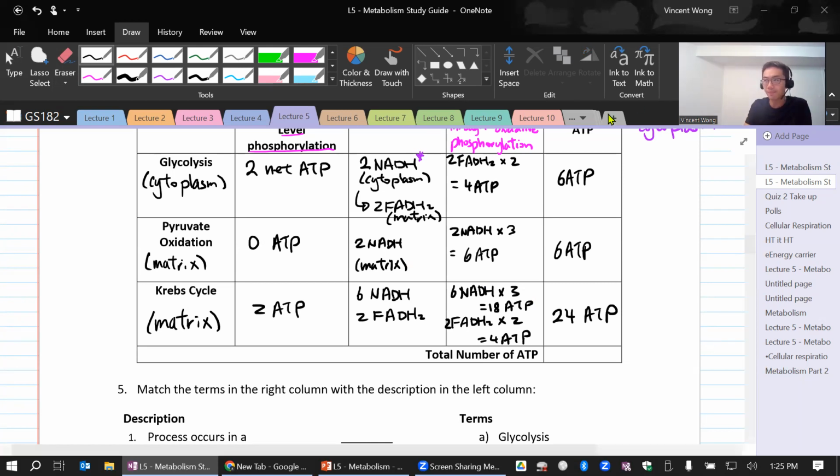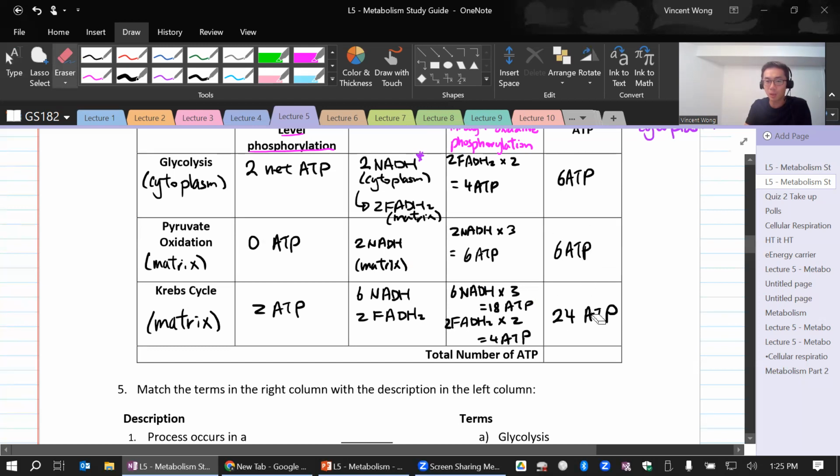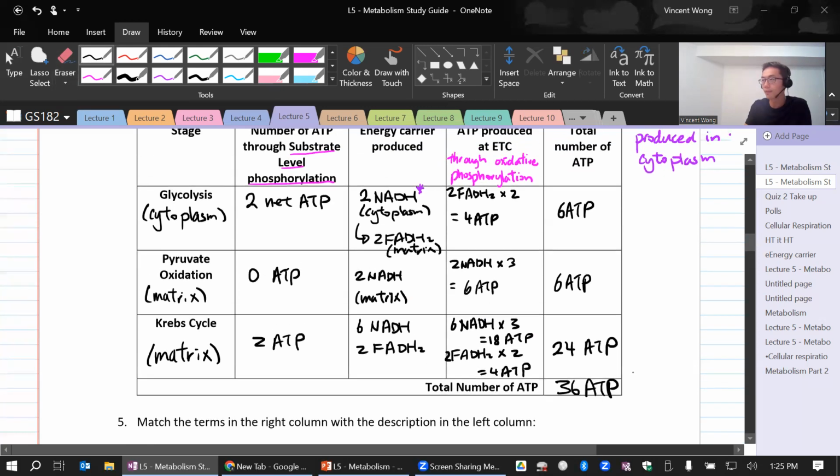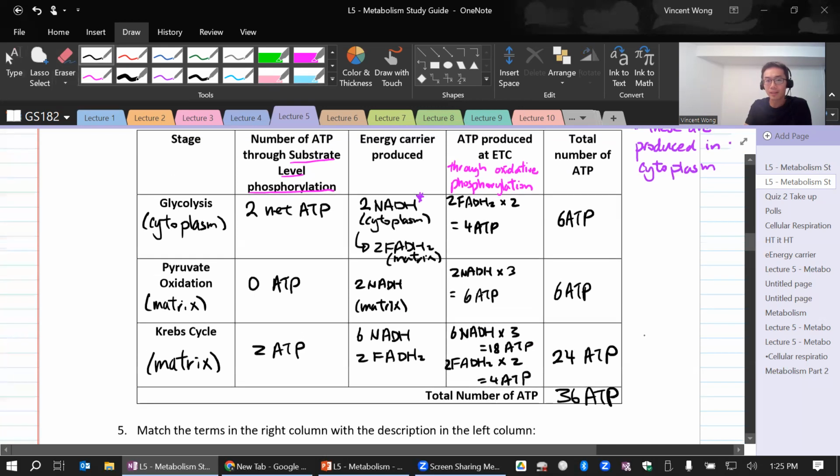Let's add them up. 6 plus 6 plus 24, 36. Okay? Now listen. Of the 36 ATP, 4 are produced by substrate level phosphorylation, right?